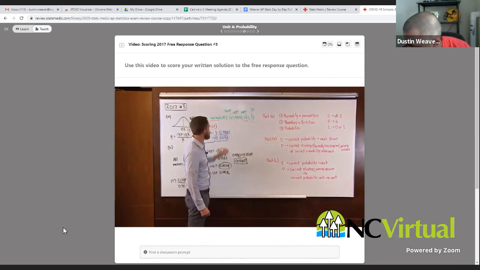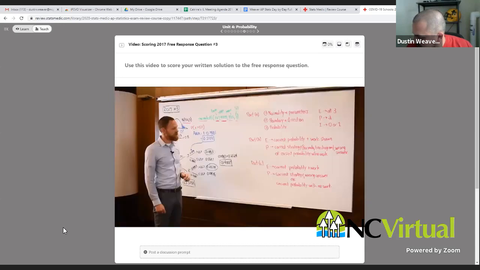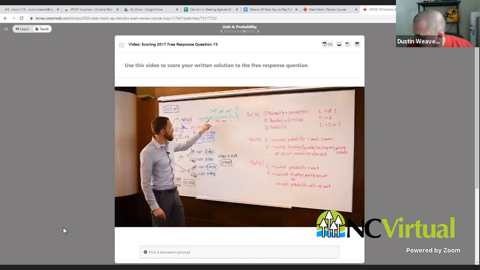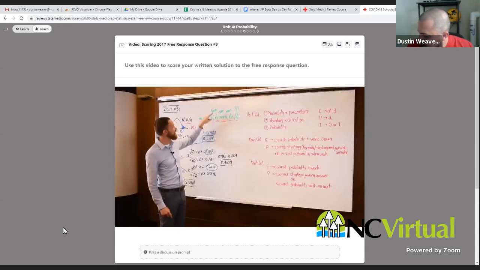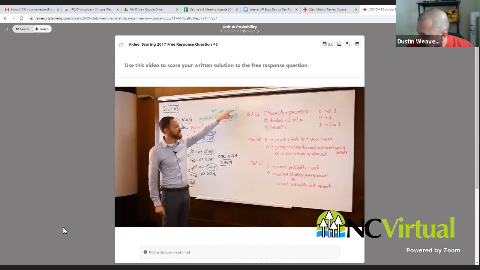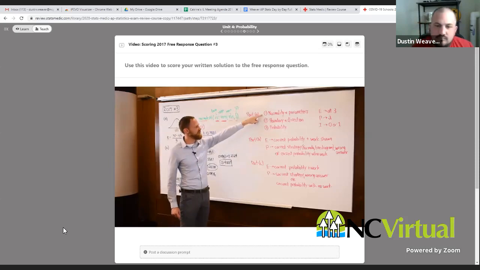And then finally, if you use normal CDF, this is where we identify the boundary value, and by stating this value here, we are also showing the direction. So it is important to notice that this notation here with normal CDF, if you have identified lower, upper, mean, and standard deviation, does in fact give you component 1 and component 2.